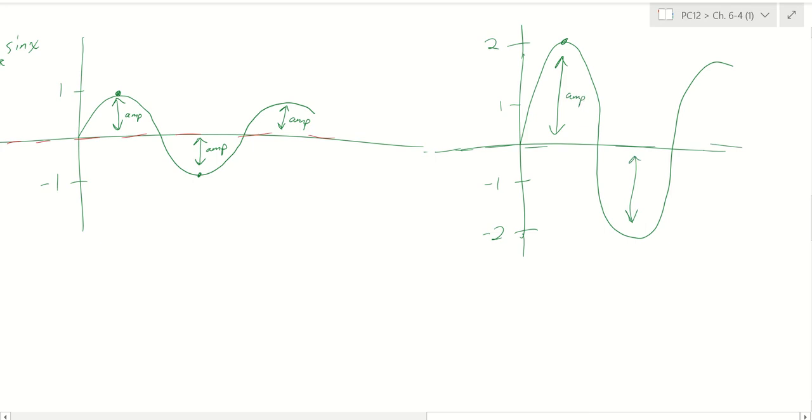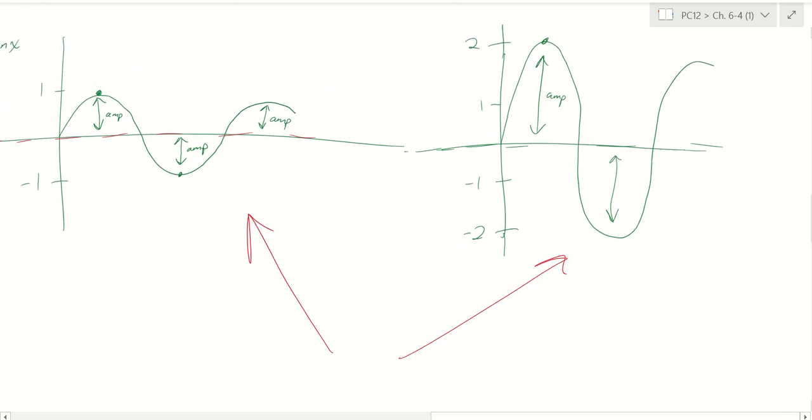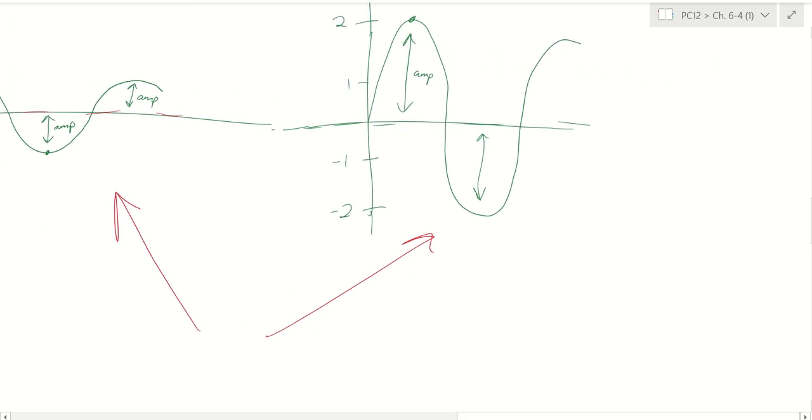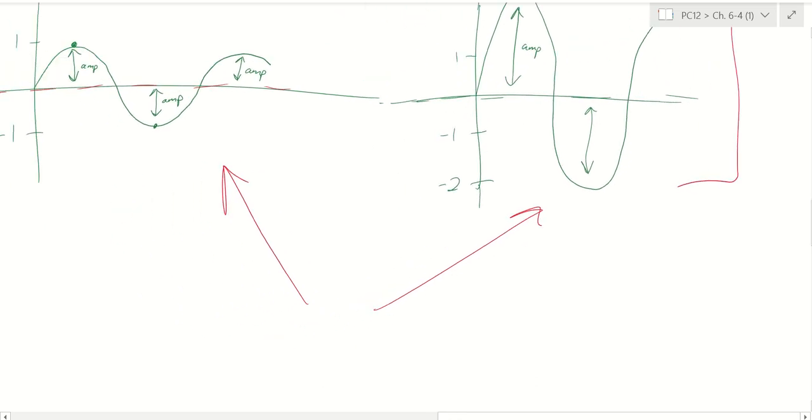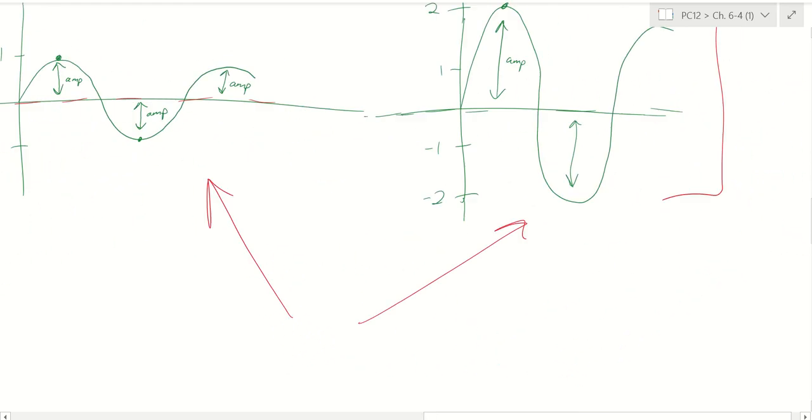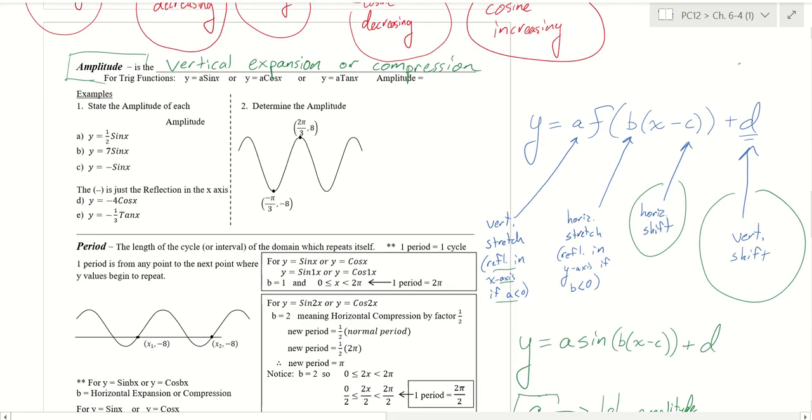And so if both of these sine graphs were modeling some sort of sound, then the one on the right would be louder. Amplitude corresponds to a whole bunch of different things. Also, if you are in the ocean, you would likely prefer waves with a lower amplitude unless you're a professional surfer. If you're a professional surfer, maybe you would prefer waves like this because you would have more fun on it or break a record or something.